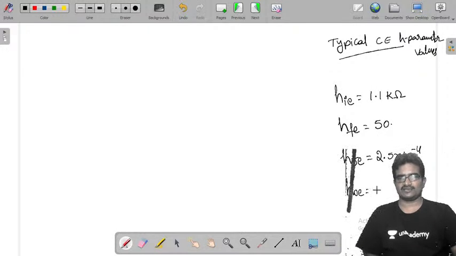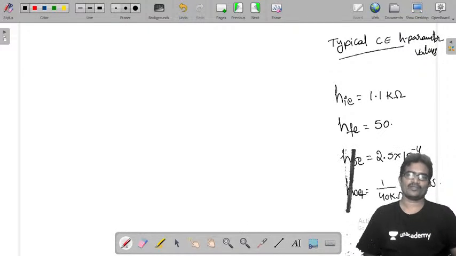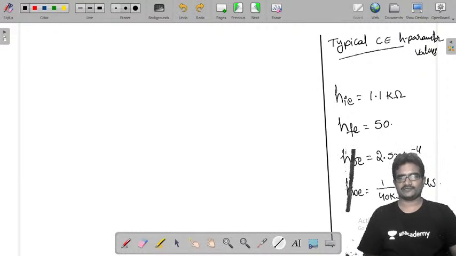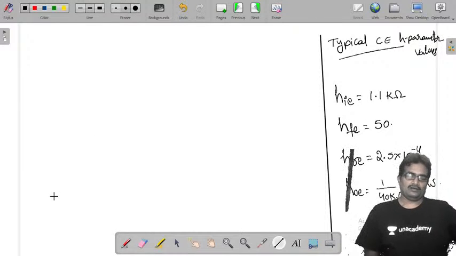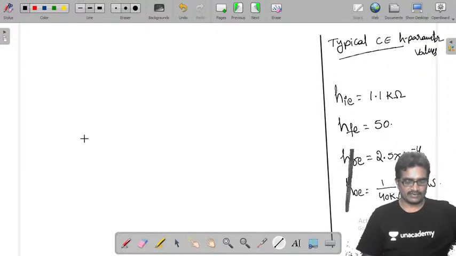HOE is 1 by 40 kilo ohms, which is 25 microsiemens. Okay, these are the typical H parameter values. Just keep it.